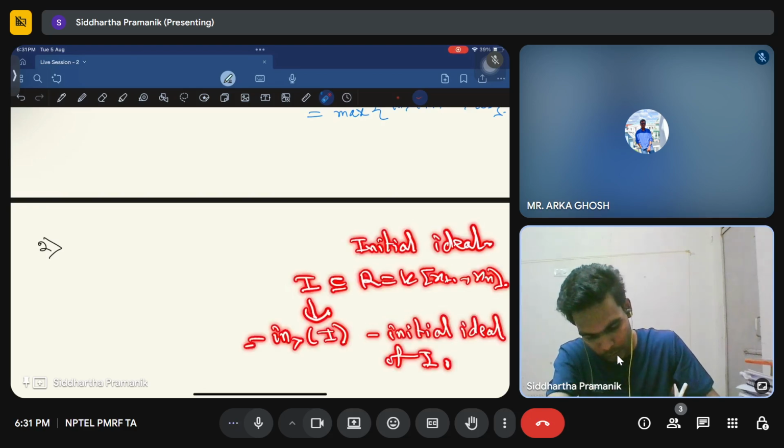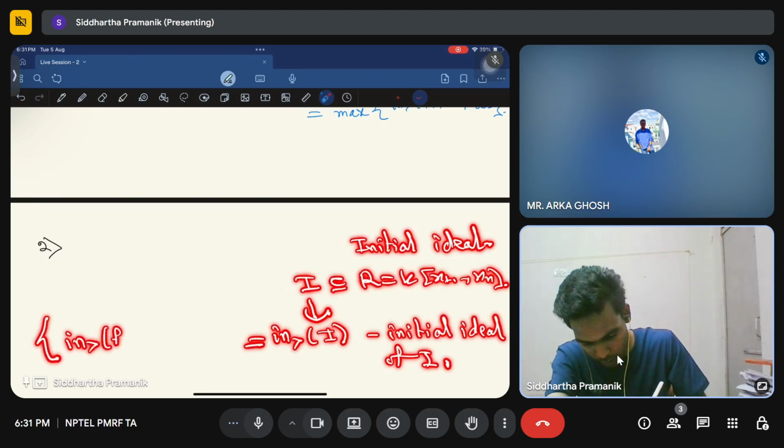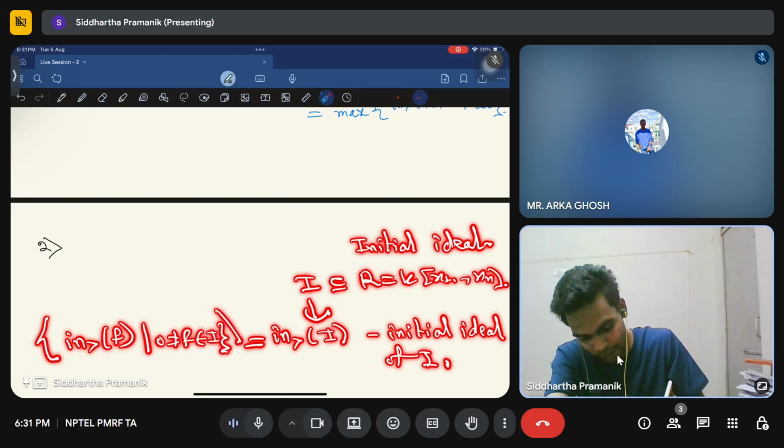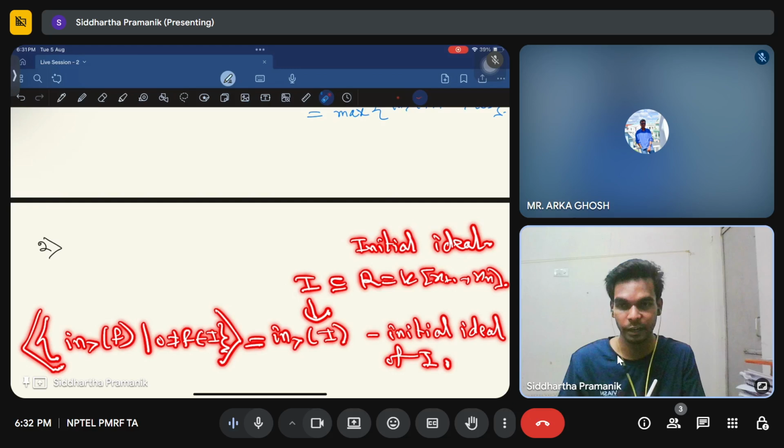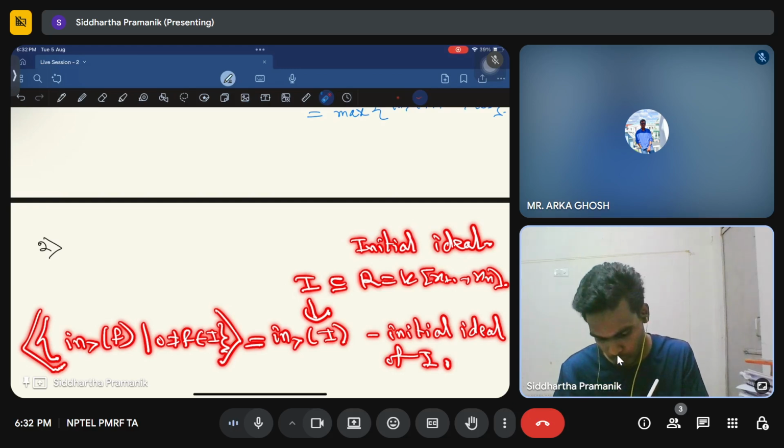You just collect all initial terms of all the non-zero polynomials of I and take the ideal generated by that set. This is the ideal generated by monomials, so this has to be a monomial ideal.